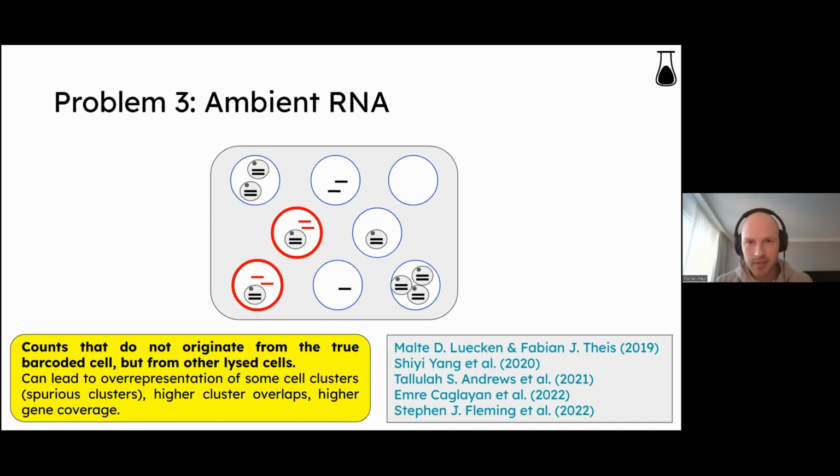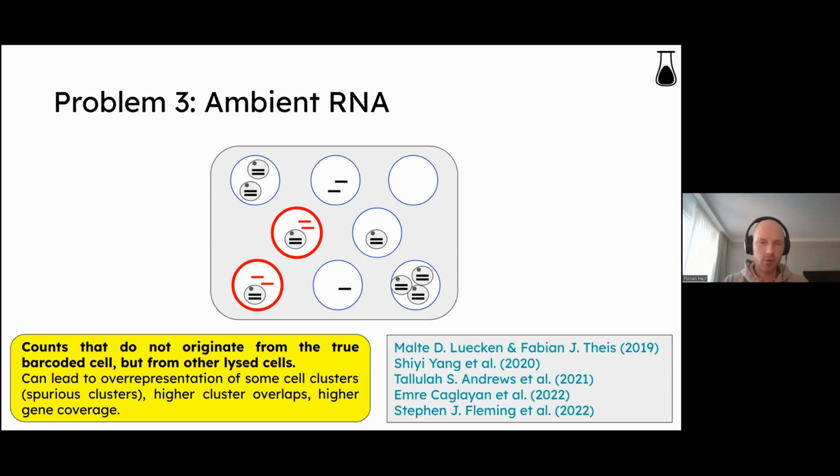Third problem is ambient RNA. And this is closely related to the second problem. Again, you have cells which are under stress, which are dying, releasing RNAs, which you have in your cell mixture.